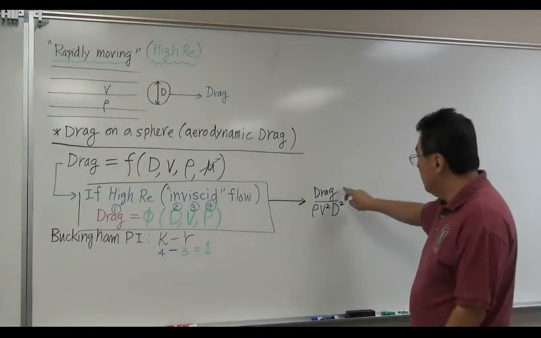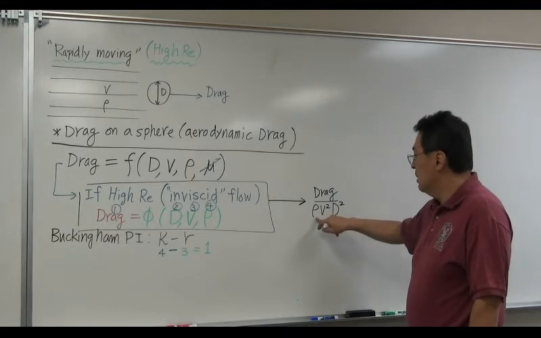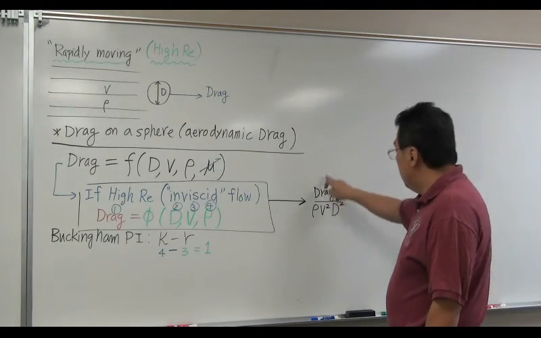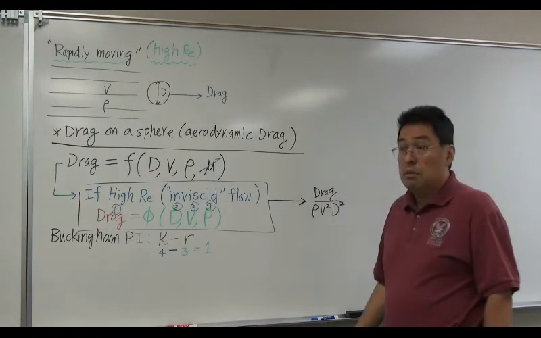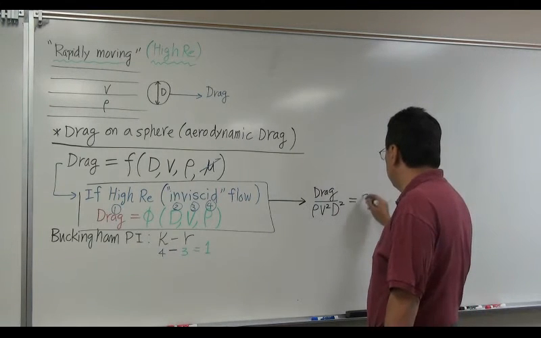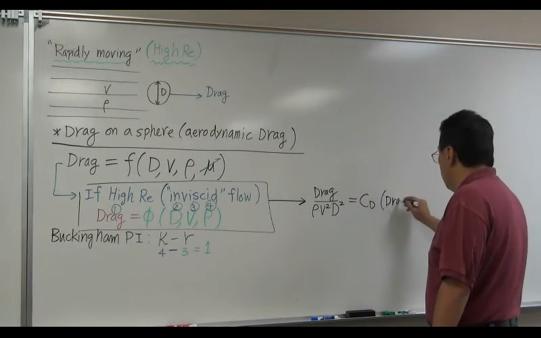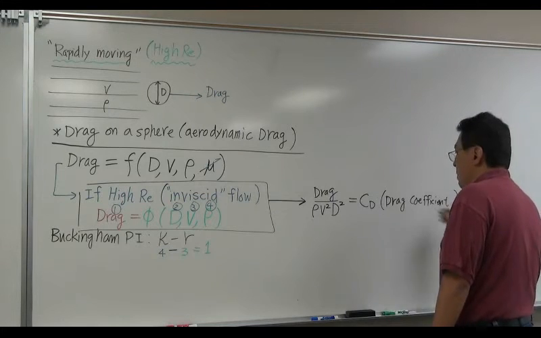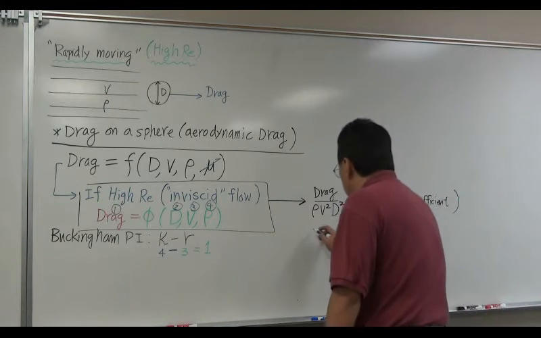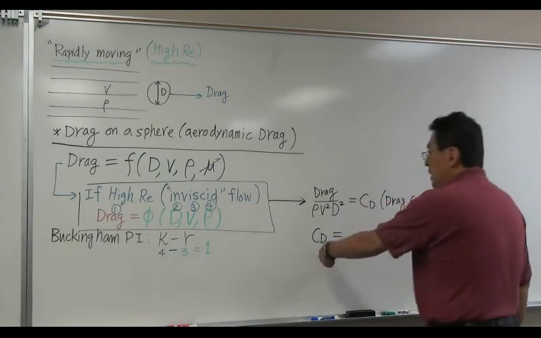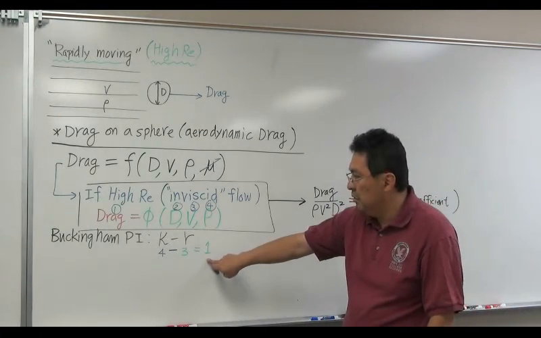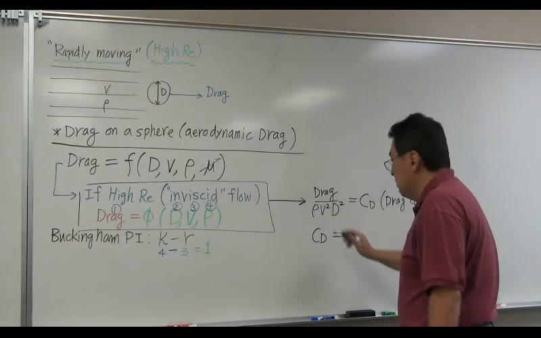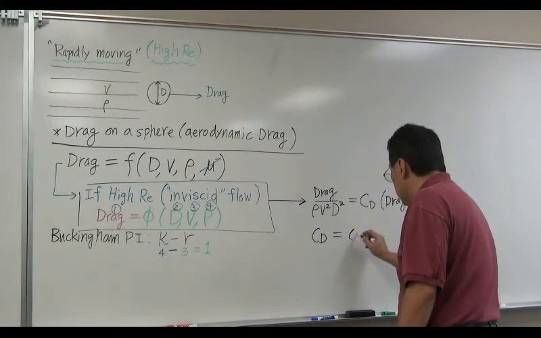If you notice, if you combine drag, which is force, density, which is mass over volume, velocity, length over time, squared, and diameter, length, then the units cancel out. This is a dimensionless property, called CD, drag coefficient. So drag coefficient CD is the only dimensionless property you need to describe the same problem. CD, drag coefficient for high Reynolds number flow, is usually constant.